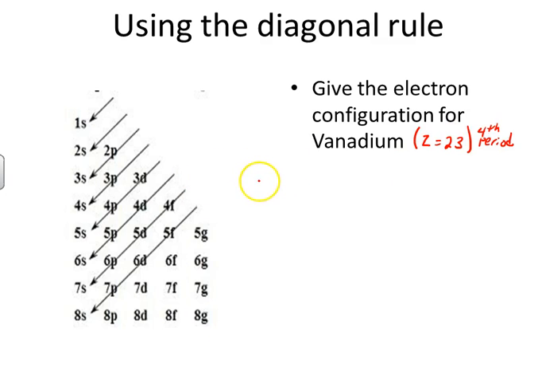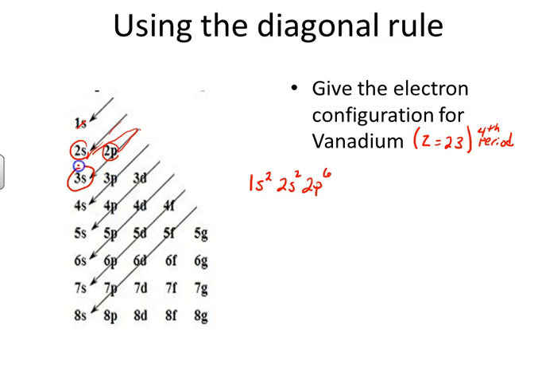Okay, so we start out with 1s, 2. And we go to 2s, 2, we go to 2p. 2 electrons in 2s, 6 in 2p.